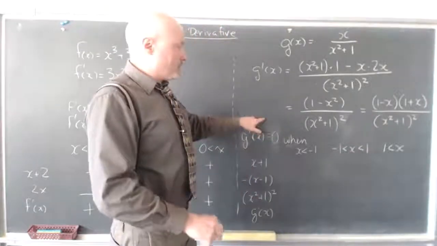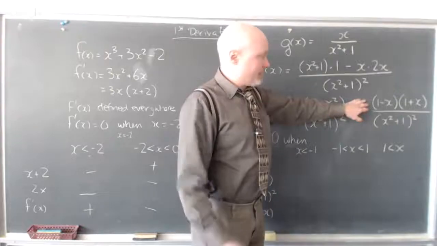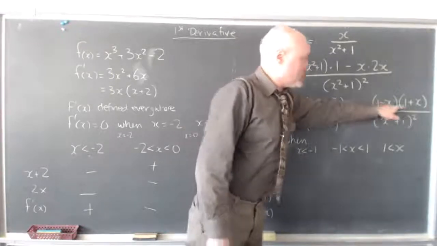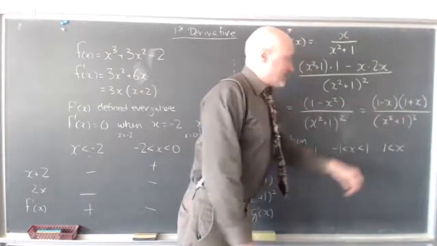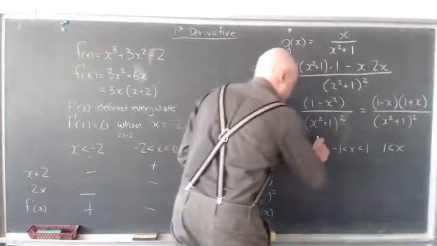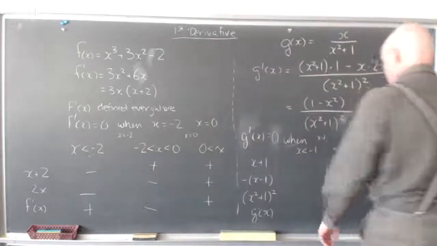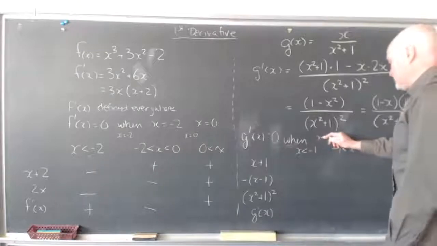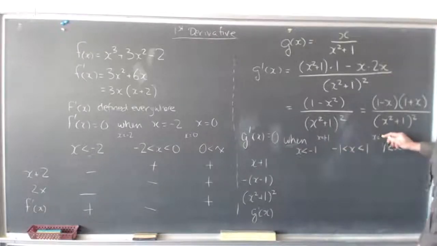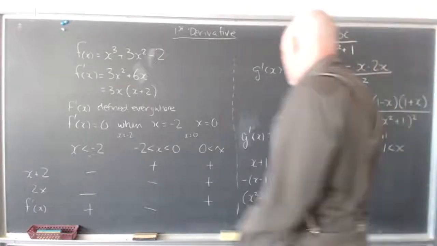I do have critical points where the derivative is equal to 0, and that happens when the numerator is equal to 0. In other words, where those two factors are equal to 0, which is when x is negative 1 and when x is equal to positive 1. So those are the boundary points for my intervals.